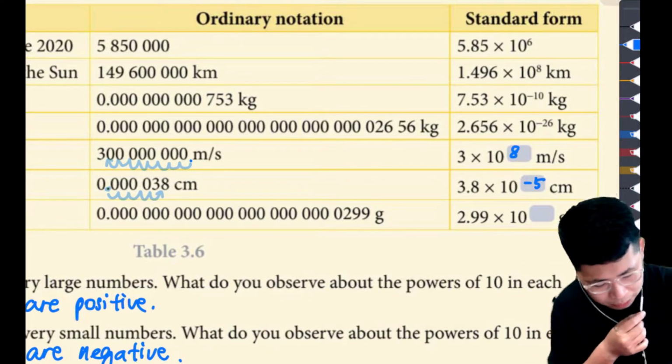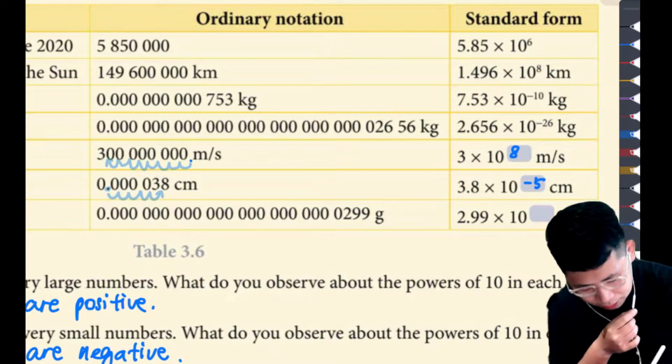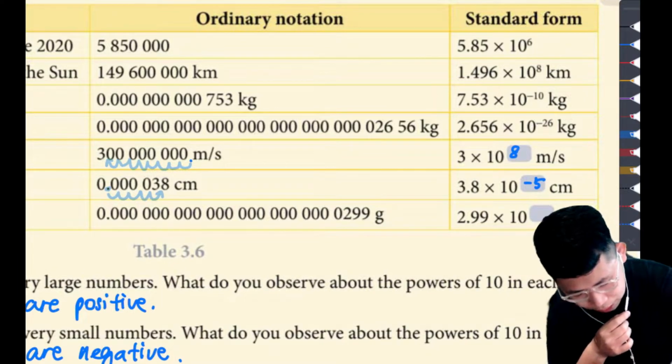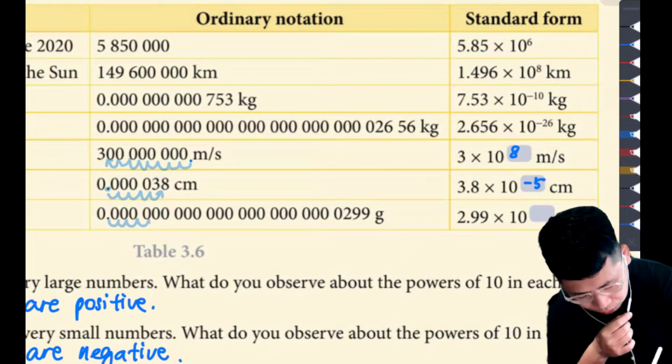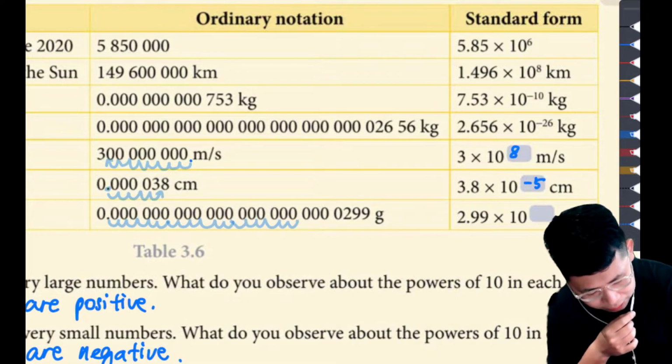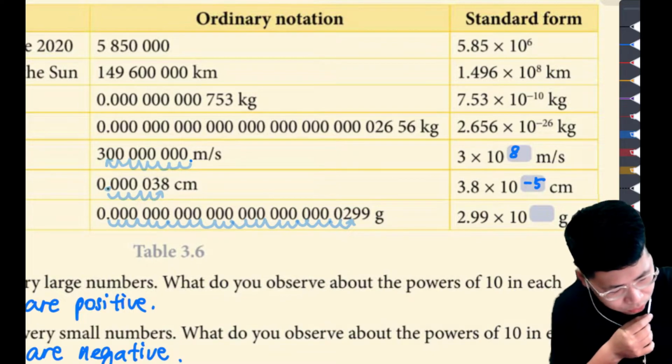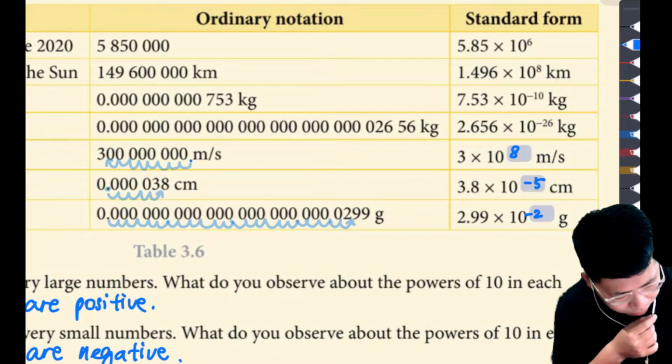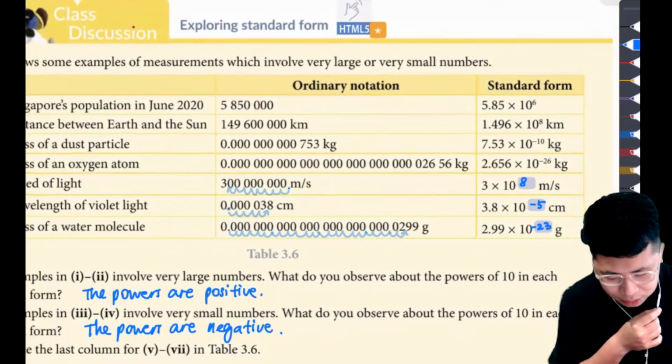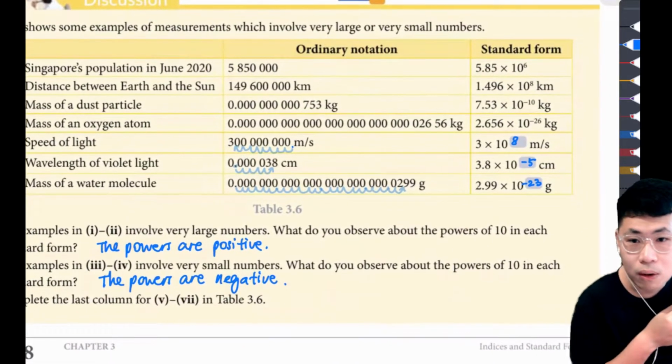Now let me do the last one in the same manner. 1, 2, 3, 4, 5, 6, 7, 8, 9, 10, 11, 12, 13, 14, 15, 16, 17, 18, 19, 20, 21, 22, 23. So this one would be 10 to the power negative 23. Right, so this is the mass of a water molecule.